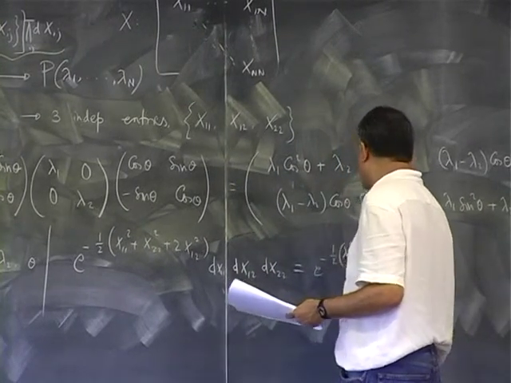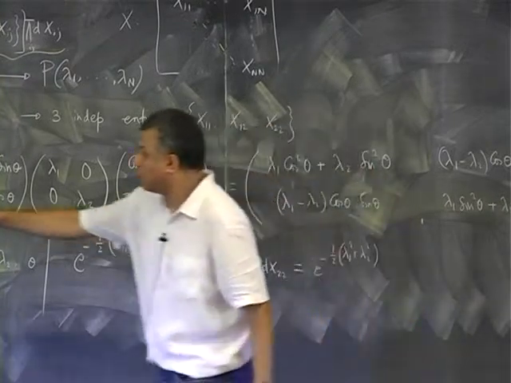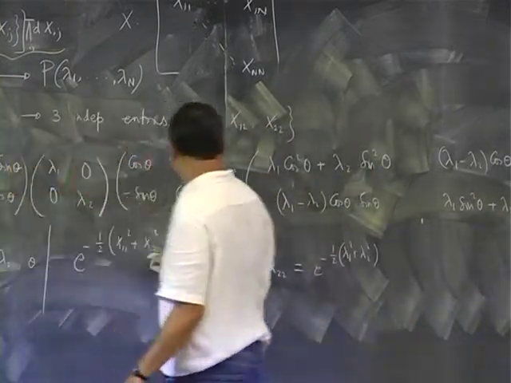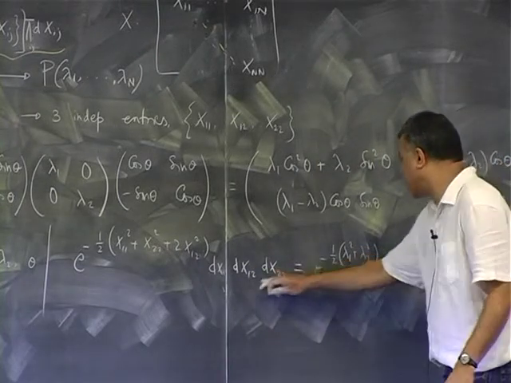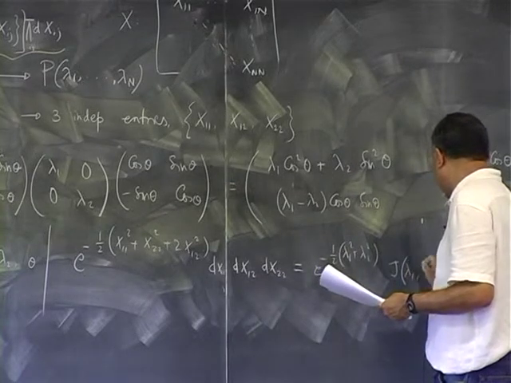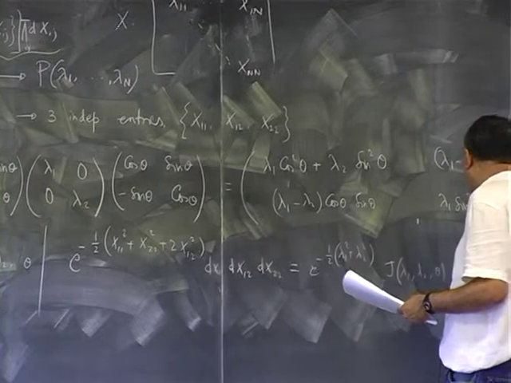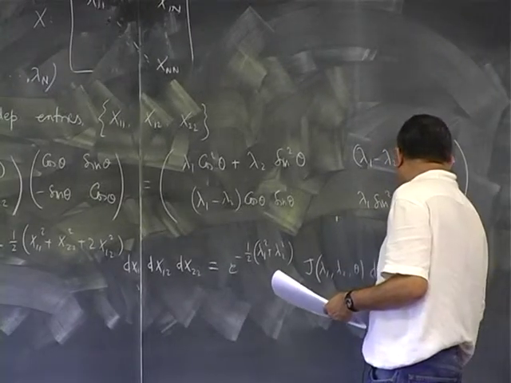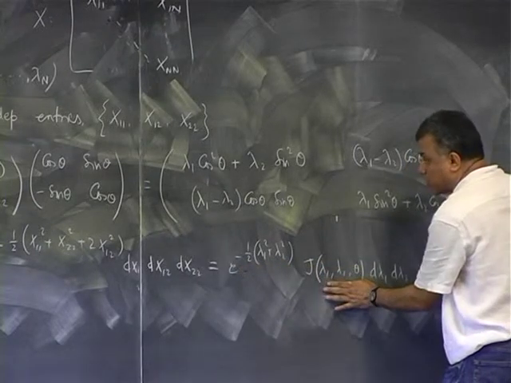It does not involve theta. You can check that directly by computing this, but it follows obviously from this argument that this is just lambda 1 square plus lambda 2 square. So the only thing here is this object, which will be a Jacobian, which should depend on lambda 1, lambda 2, theta, and then d lambda 1, d lambda 2, d theta. So this part is done. Our goal now is to compute just this Jacobian.